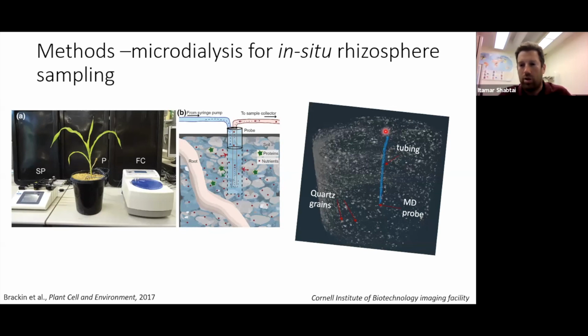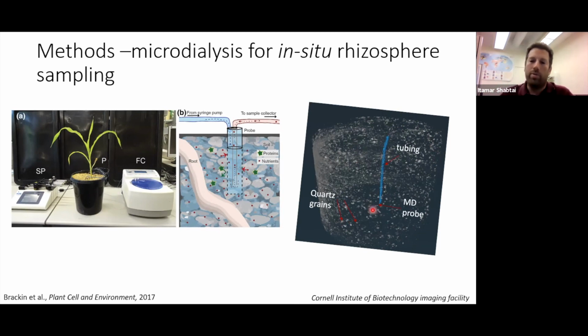So this is an image taken here at the Biotech Institute, the imaging facilities. This is a soil core, like you saw before, that acrylic tube. And here we can see the tubing and the microdialysis probe inserted into the soil. These white specks are quartz grains inside the soil. And we are also now looking at how we can identify the roots.